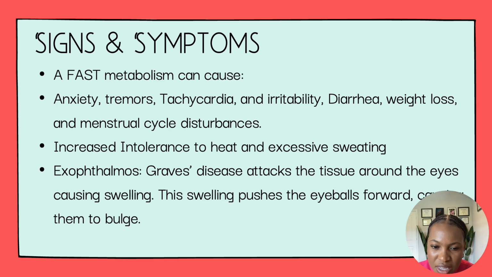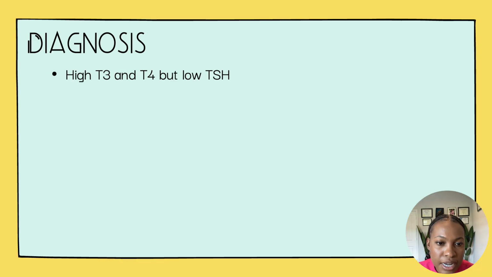So that Graves' disease that I told you can cause hyperthyroidism, it also attacks the tissues around the eyes, and that causes some swelling. So that swelling pushes the eyeballs forward and causes them to bulge. And so we call that exophthalmos, and you will see that in your textbooks, so make sure that you remember that for nursing school.